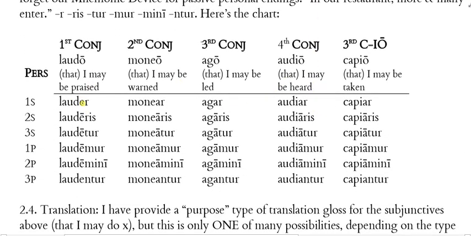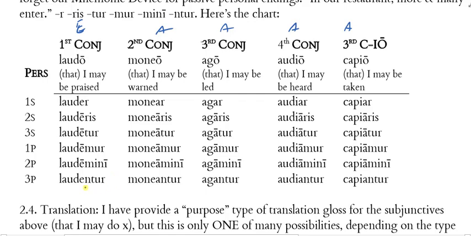We have our E's for first conjugation, right? And we're going to be using A's throughout the rest with the particular we fear a liar sort of vowels. So lauder, lauderis, laudetur, laudemur, laudemini, laudentur.